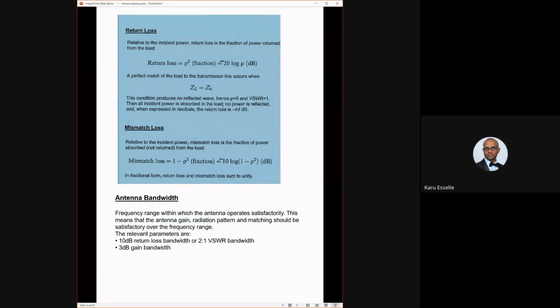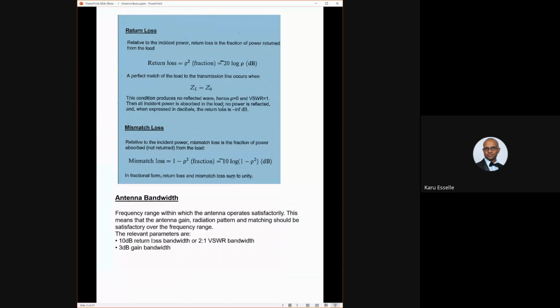There are a lot of things when you say antenna bandwidth; it's not just one thing. Gain should be good over the whole frequency range. Radiation pattern should be good enough for the whole range, and matching, that is VSWR or return loss or mismatch loss. One of those is enough to define matching. You don't need all three, right? One of these will do.